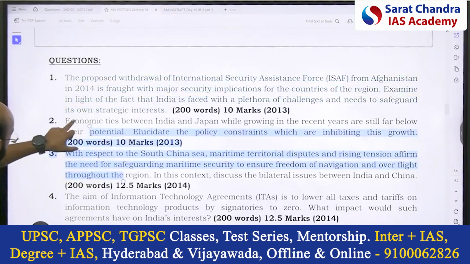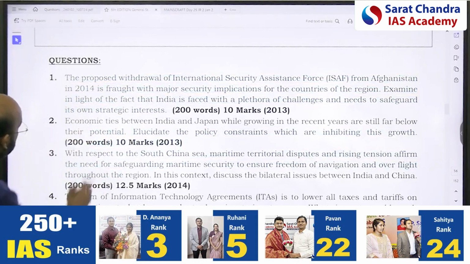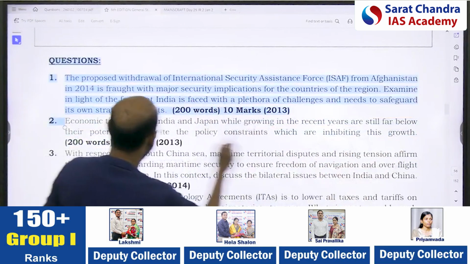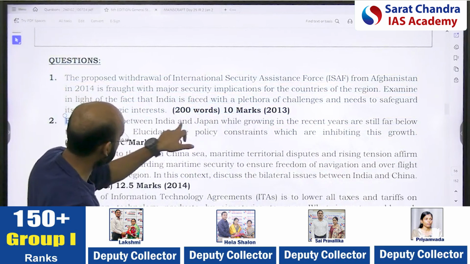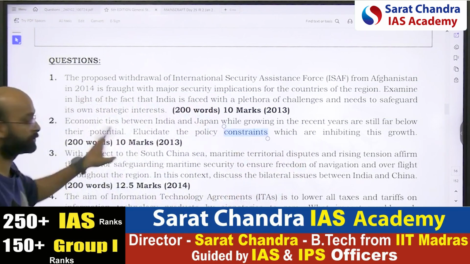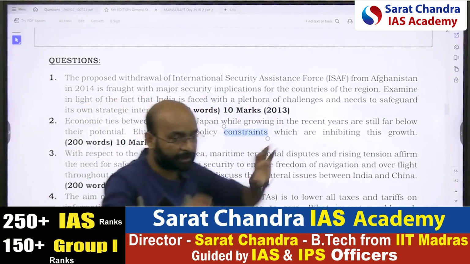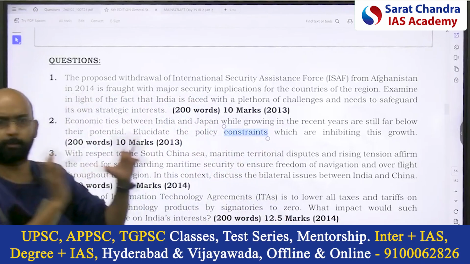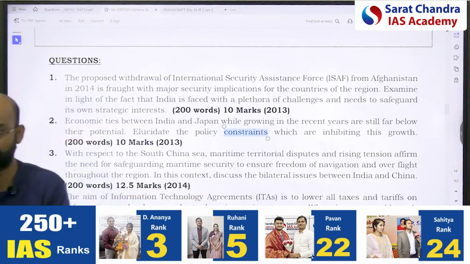Now here also, economic ties between India and Japan, they are asking what the constraints are which inhibit its growth. Basically this is on the India-Japan bilateral relation. Now there are the positive sides and there are some constraints.